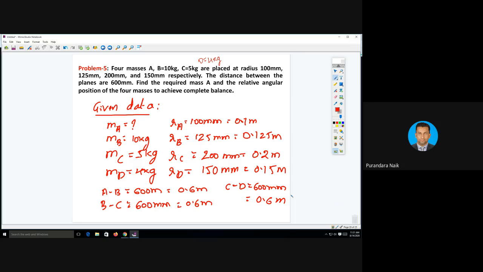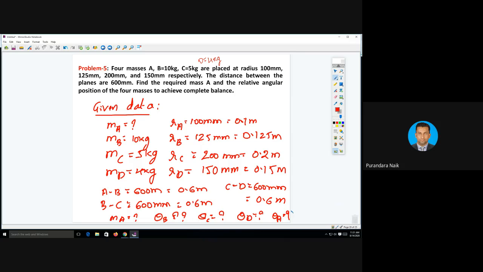Now the question: we need to find out the mass A, and we need to find out the angles theta B, theta C, and theta D, as well as theta A. We need to find out the angles of all four masses. So that is the question.